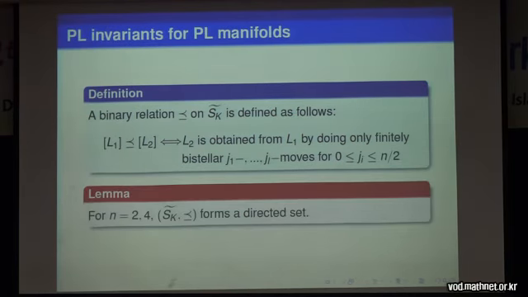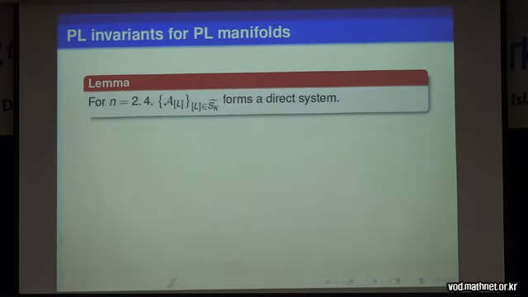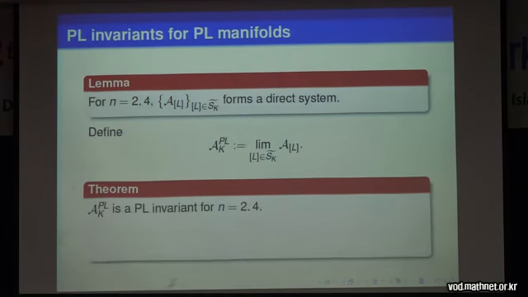Here you can define the binary relation, and in this case we can show that this one forms a direct system. Certainly, we think this lemma should be true for arbitrary cases. Also, for this case, this one forms a direct system, and then we can define the limit.